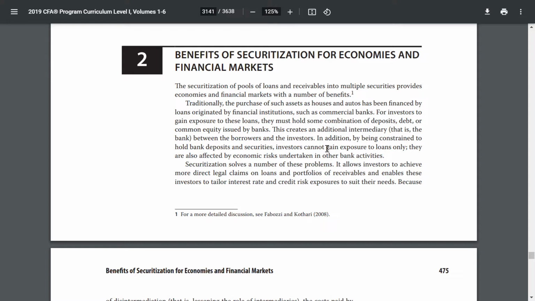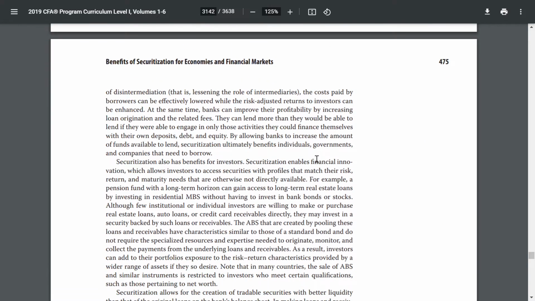Securitization solves a number of these problems and allows investors to achieve a more direct legal claim on loans and portfolios of receivables, and enables these investors to tailor interest rates and credit risk exposure to suit their needs. Because of this disintermediation, the cost paid by borrowers can be effectively lower, while the risk-adjusted return to investors can be enhanced.